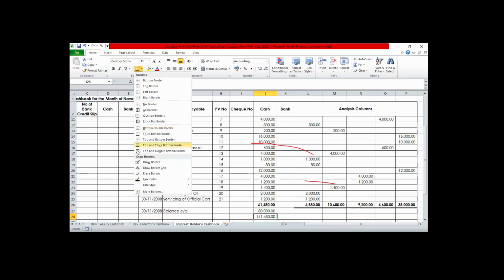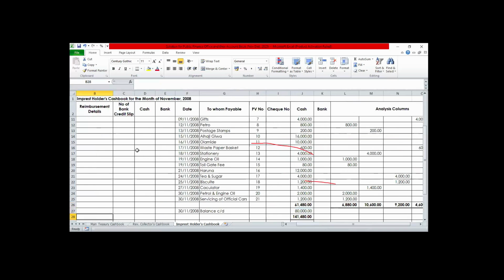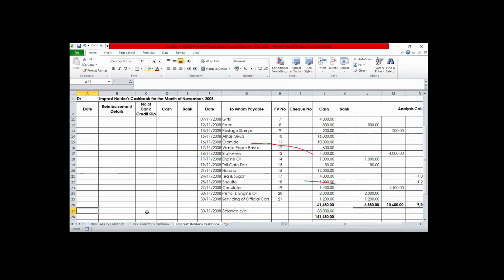When we close it, this is the area of interest of the examiner if this question comes out. Now, we come to this side, the debit side under the cash. As at 30th November 2008, we have total expenses we are accounting for.